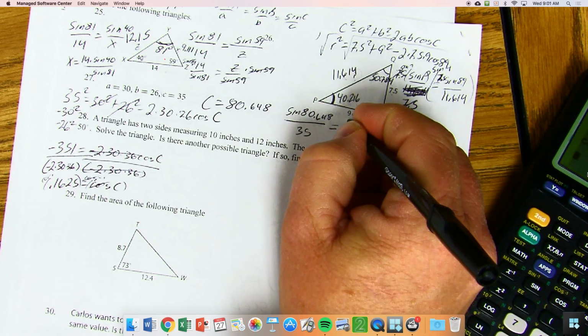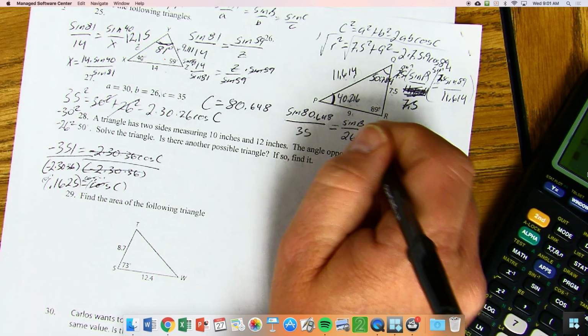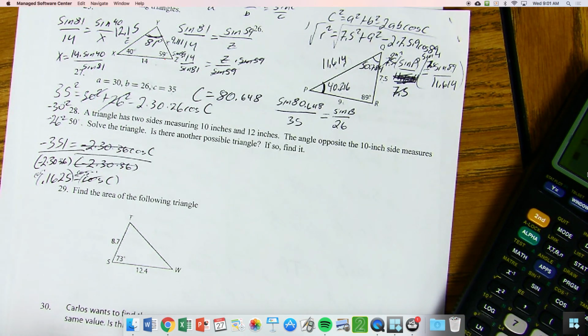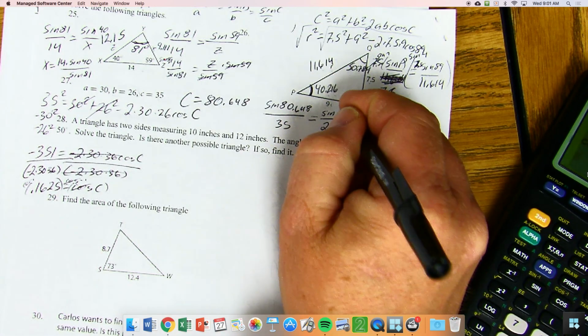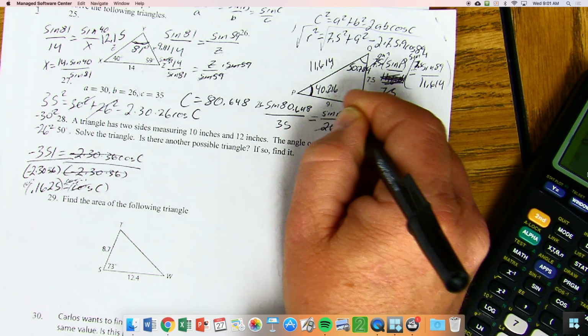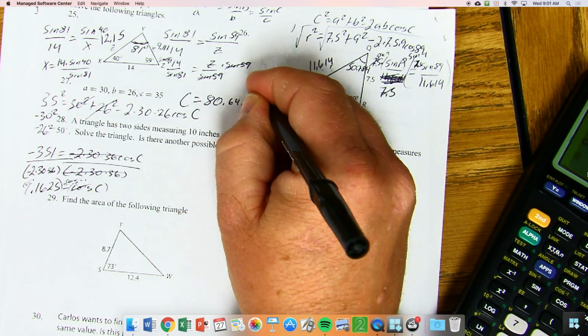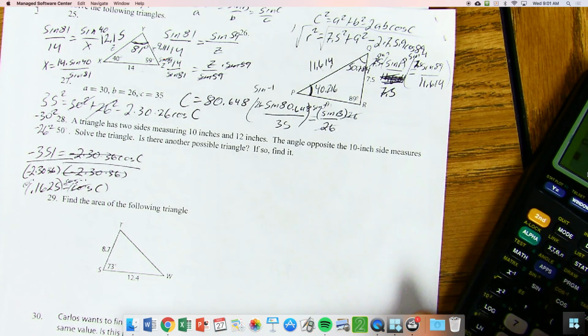So that's going to be the sine of B over 26. By doing so, I'm hoping to eliminate the ambiguous case. So I multiply by 26, take the inverse sine of that whole thing. I plug it in just the way I see it right there.